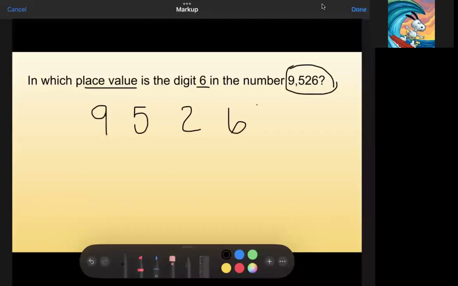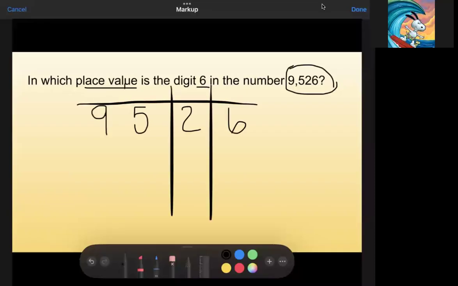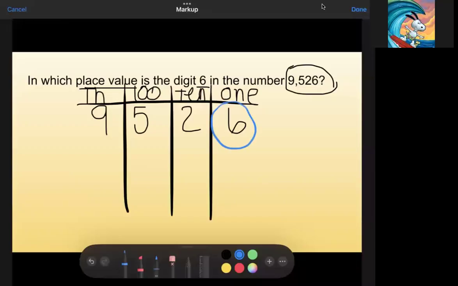We could divide this and label it as we know: ones, tens, hundreds, and then thousands, however you want to write it. We can see that they're asking about the digit 6, and the 6 is here in the ones place. You don't have to make a place value chart to make that determination, because in any whole number, the place value all the way to the right, the one with the least amount of value, is the ones place.